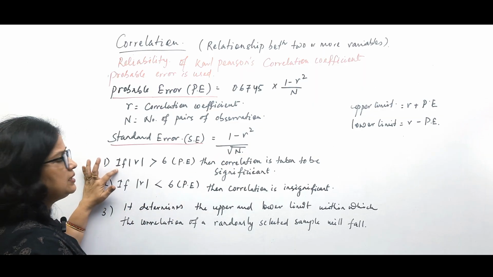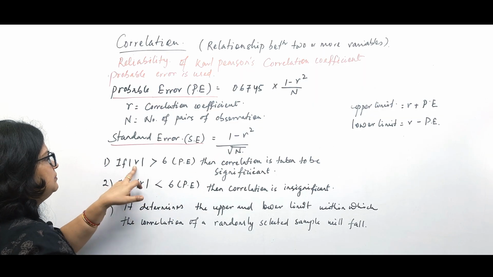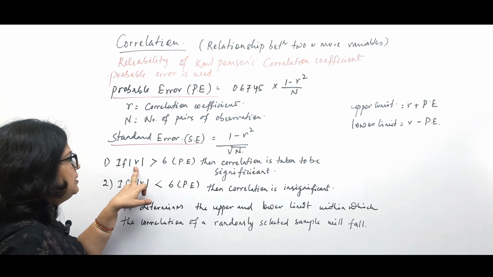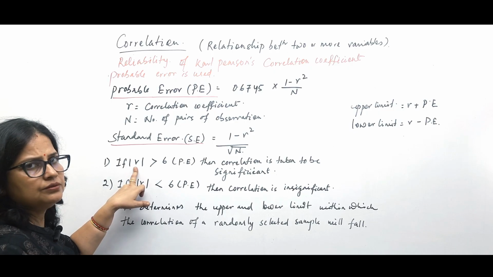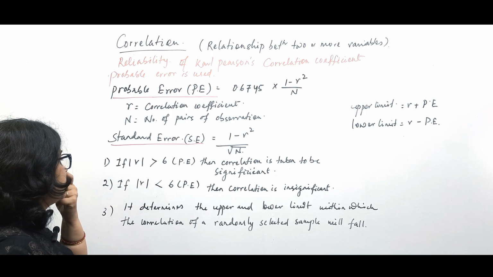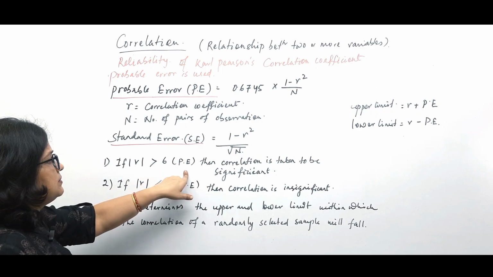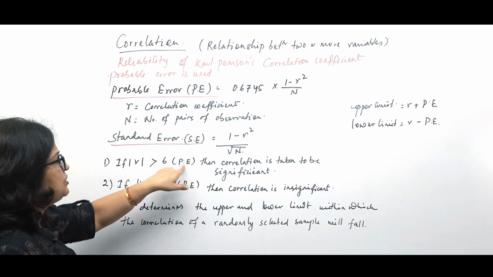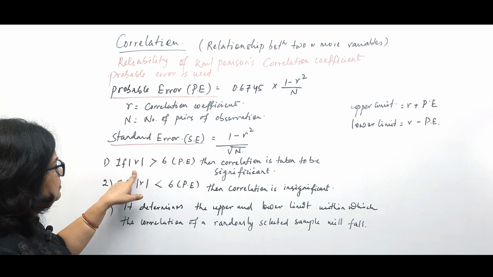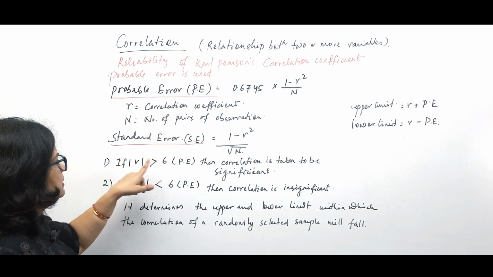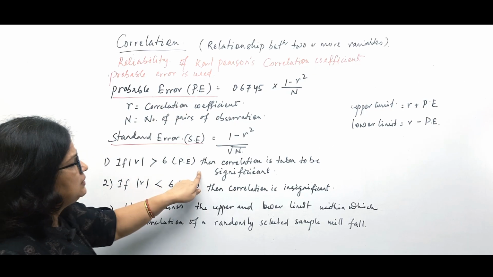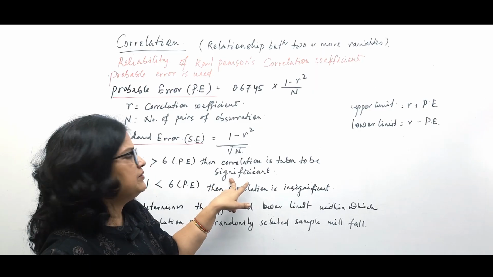Now the conditions: modulus of r, meaning we take r as positive whether it is positive or negative, if it is greater than 6 into the probable error, then the correlation is taken to be significant.